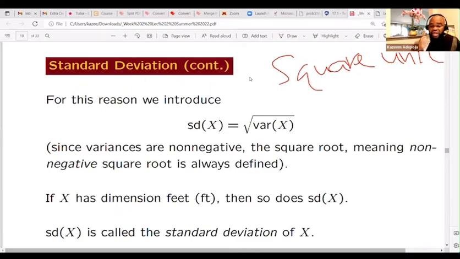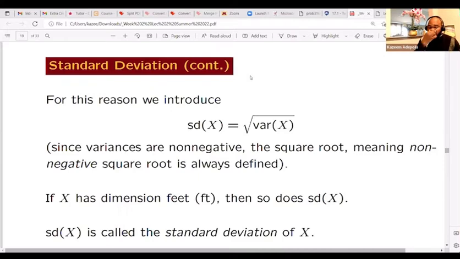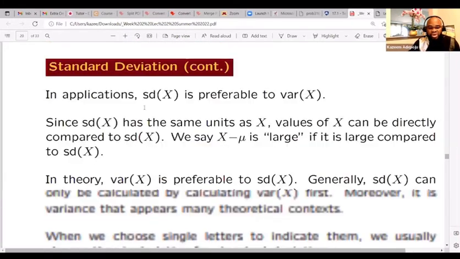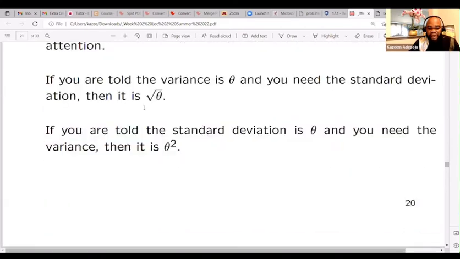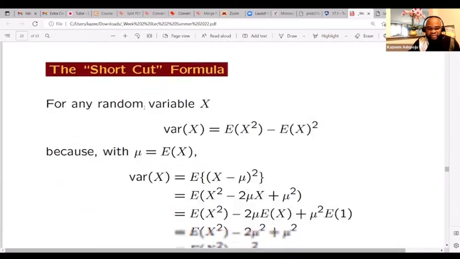That is why we need the square root of the variance, because the square root of a square returns it back to the unit of the mean. So the standard deviation has the same unit as the mean. That is why we use standard deviation.